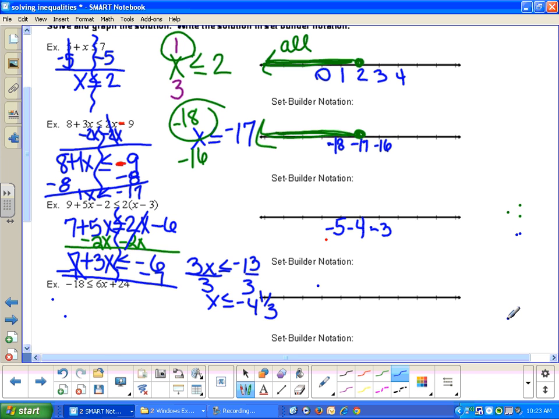Think about it. You're coming this way, 3, you go to 4, but then you go a little bit farther, between negative 4 and negative 5. And then you want everything that's less, which we've already talked about. We're going this way.